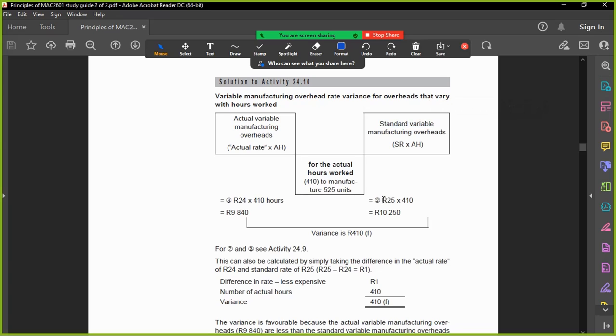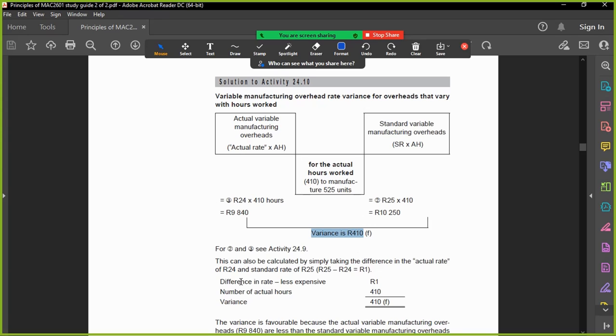So we expected 25 Rand per unit and we used 410 hours. So that's based on the actual. It's the rate, not the total. It's only the rates. The rate meaning how much did you use? 24 Rand an hour, 25 Rand an hour. That was actual, that was budgeted, and the difference was a variance of 410.